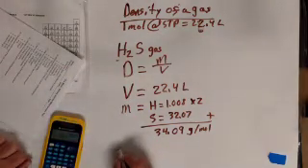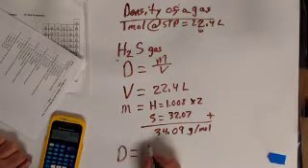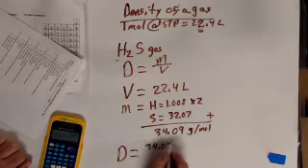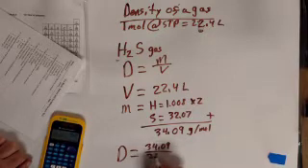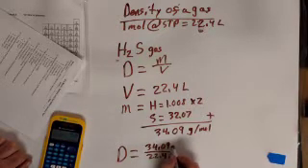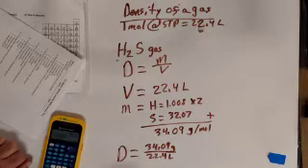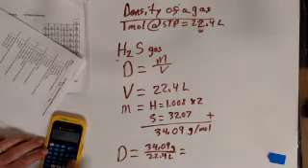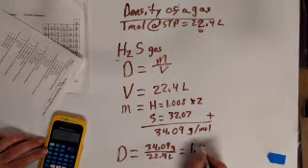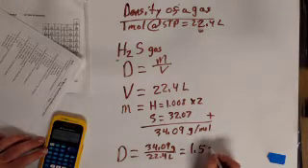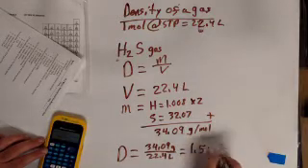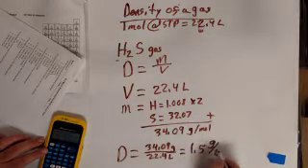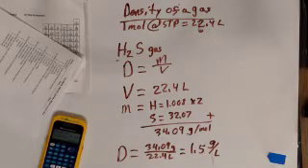So we substitute in, and density is equal to 34.09 divided by 22.4. Don't forget your units. So 34.09 divided by 22.4 is going to be 1.5. That's it. 1.5 grams per liter. So then that's the density.